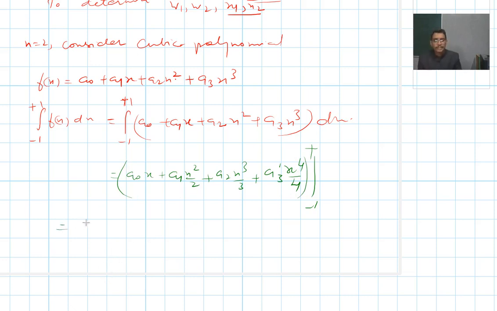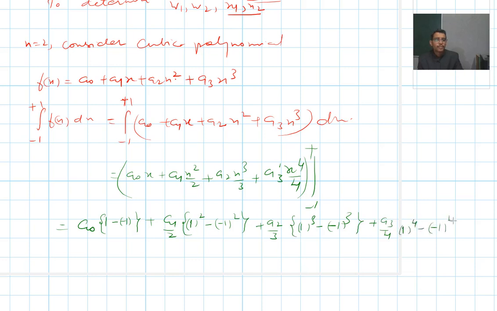So it is a0 (1 minus -1), plus a1 by 2 (1 square minus (-1) square), plus a2 by 3 (1 cube minus (-1) cube), plus a3 by 4 (1 to the 4 minus (-1) raised to power 4), meaning upper limit minus lower limit.